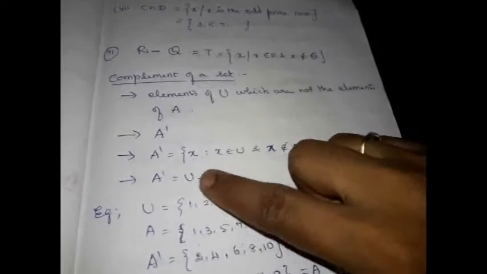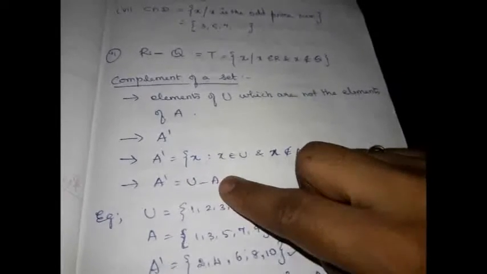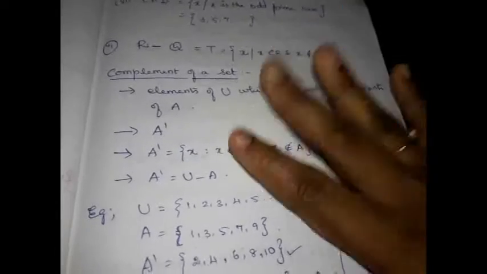The same way, complement means it's U minus A. We are going to see the common elements in U and A, and we are going to omit it, and we are going to write the remaining elements from U. So that's why the definition is given like this: the set of all x such that x belongs to U and x does not belong to A. The elements which are not in A but in U are called A complement, right?